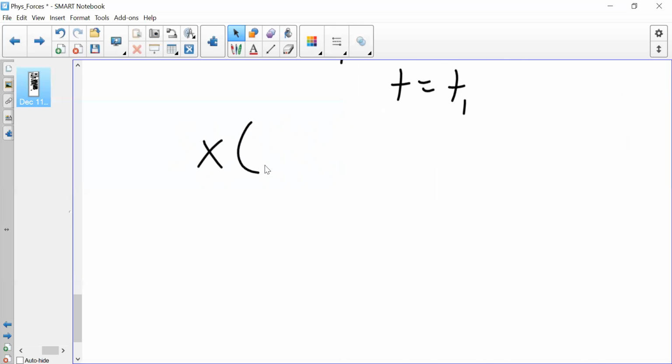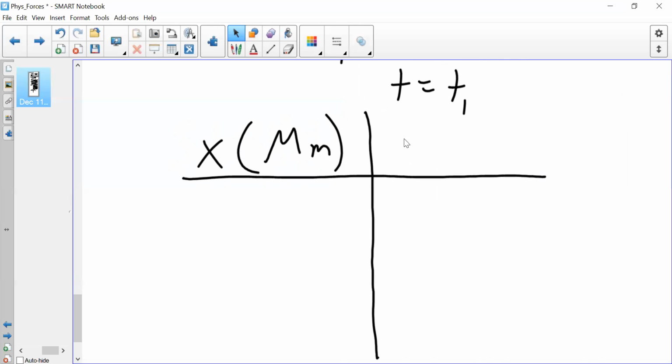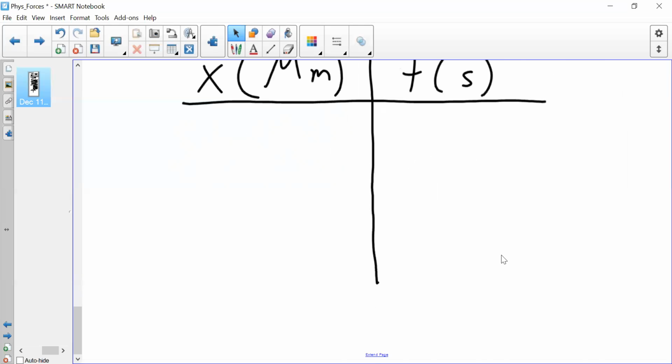So X will not just be in meters, but it'll be in megameters. That's going to go back to our conversions. And I'll be talking about that down the line. Time is in seconds.